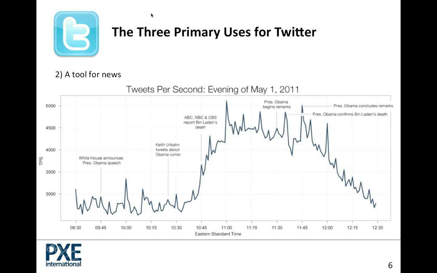And around 11, shortly before 11, half an hour before Obama confirmed the news, there was a record-breaking 5,106 tweets per second. And I haven't done the math, but that is a lot. So you can certainly see how news spreads very, very fast on Twitter.